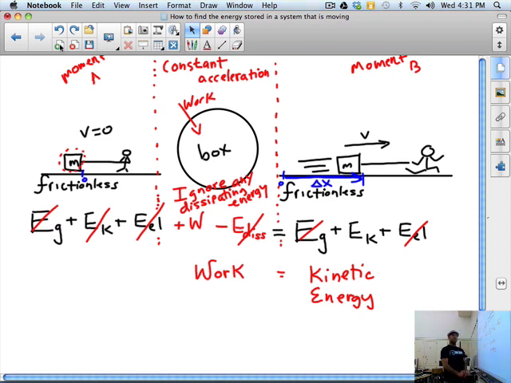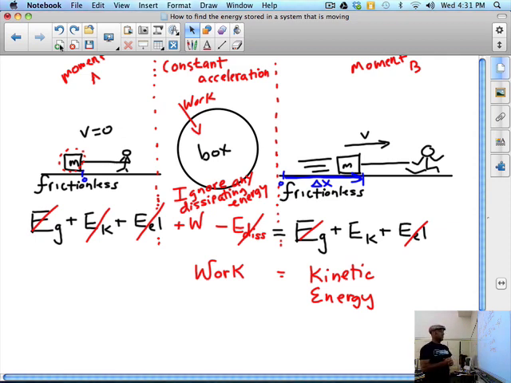Okay, that's a little hard to imagine, but if the block is continuously speeding up, the person running has to run faster, faster, faster, and that would keep the rope tight. If the person walked with constant velocity, it's not going to work. The rope's going to not stay tight. The rope's going to go slack.